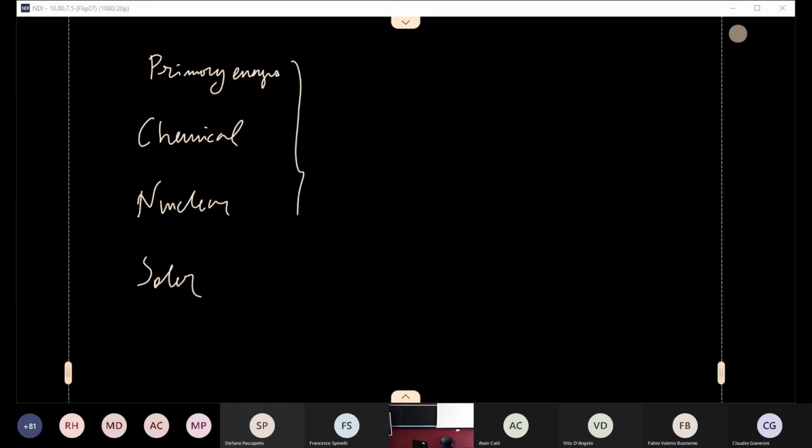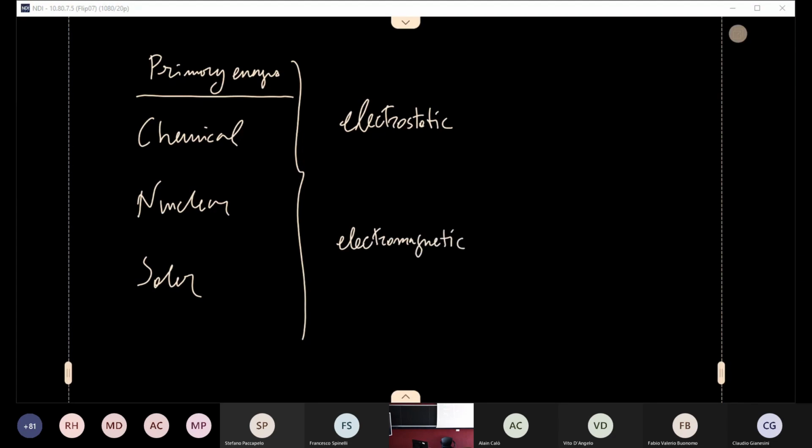And then all of them can lead to electrostatic or electromagnetic acceleration of our medium. In this case, we need a medium including charged particles to exert electrostatic and electromagnetic forces.